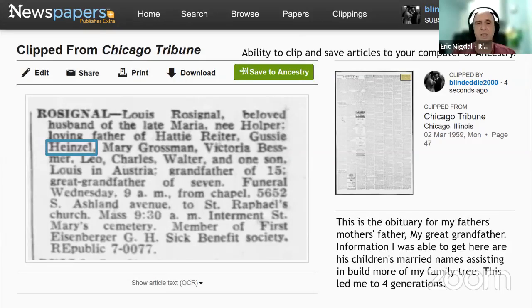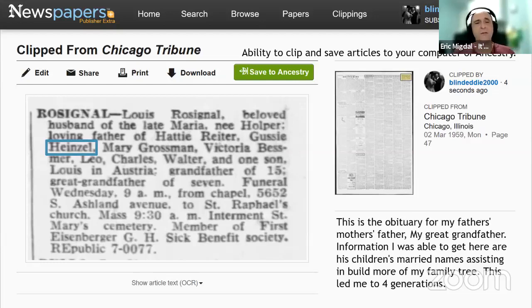This is helpful because now I know that Maria, with the maiden name Halper, I can now look up information about her on her maiden name. She was already deceased by the time this was written in March of 1959. So even if I didn't know when she died, I now know she died before March 1959.